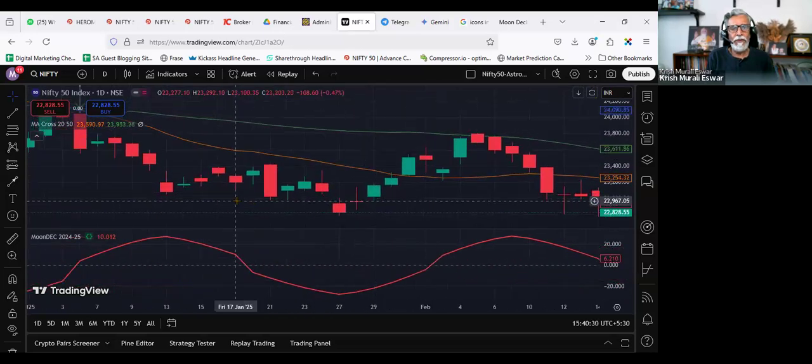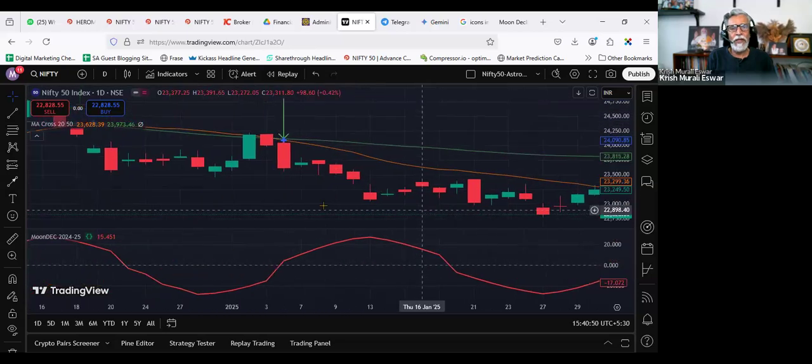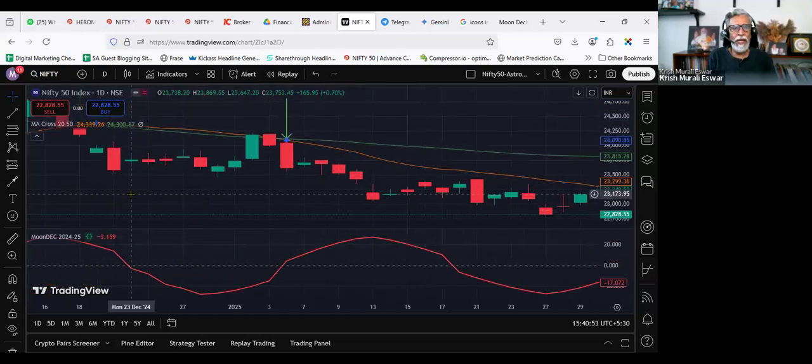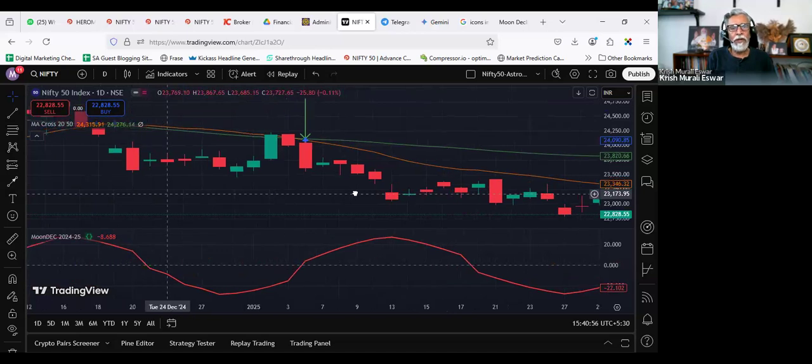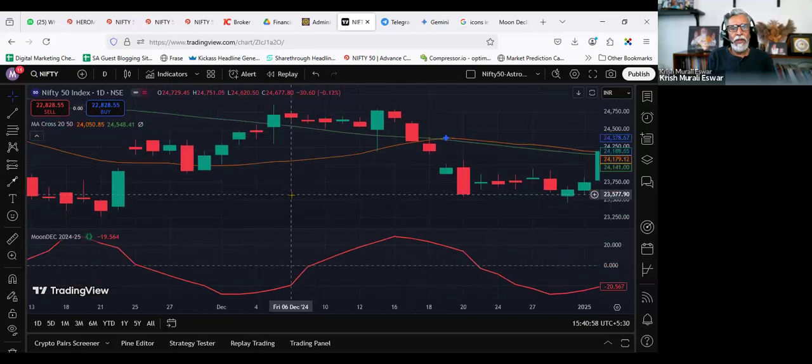Let's go back further down. On 17th of January, it was at 10 degrees. On the 18th, 19th, it crossed over 0. On the 20th of January, when the market opened, it went up by 0.61%. I can keep showing you this again and again. On 23rd of December, it went up by 0.70.